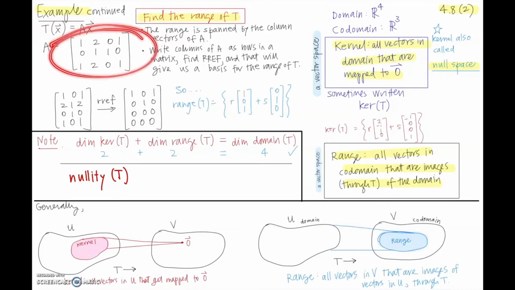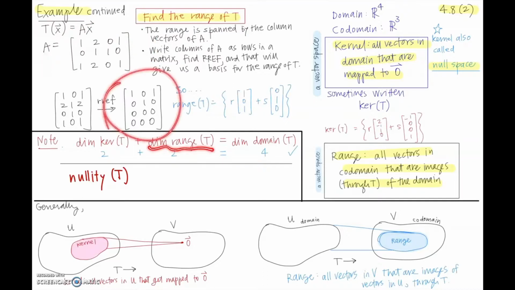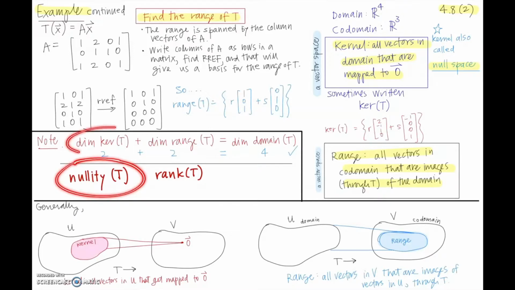One thing we know about matrices from a few sections ago is that the rank of this matrix A is the same thing as the dimension of the range. How we found the dimension of the range of the transformation is essentially we were looking for the rank of this matrix. And so another way to describe the dimension of the range is the rank of T. So I'm saying that the nullity of T is the same as the dimension of the kernel.